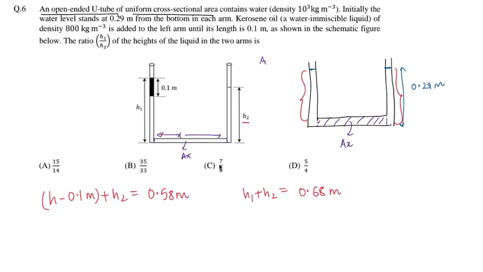What about the second one? Since we have been given the densities of these liquids, it might be a good idea to play around with what the pressure might be at the bottom.